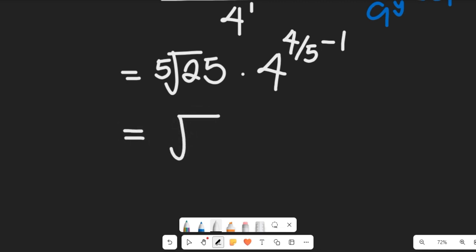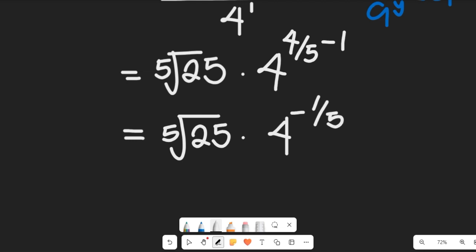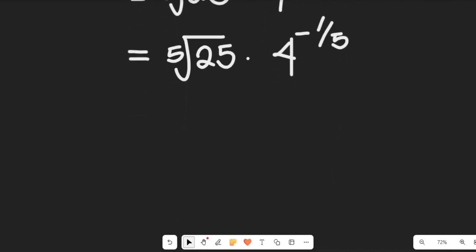That will give us the fifth root of 25 multiplying 4 to the power of negative 1 divided by 5. So the question is, how can I reduce this to a simpler term? Remember, we're asked to simplify. At this point, I want to reduce this expression.